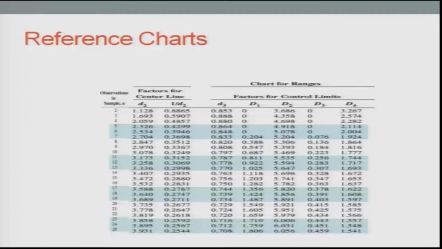So, continuing the discussions, in the reference charts you have the observations in samples given, the factors for the central lines, D2 and the reciprocal of D2, and the chart for the ranges depending on the suffixes for D, whether small or capital, so that depending on the sample size n, you can calculate and use those values for your corresponding calculation.